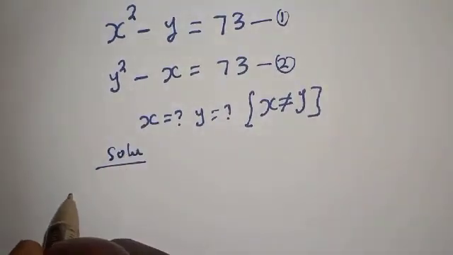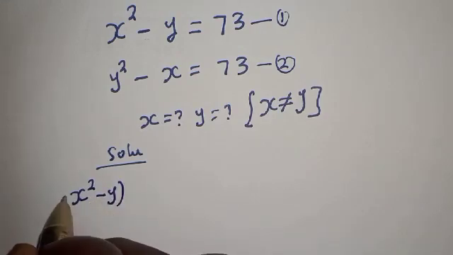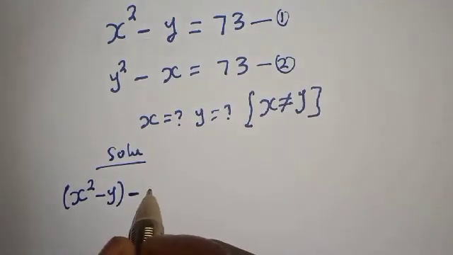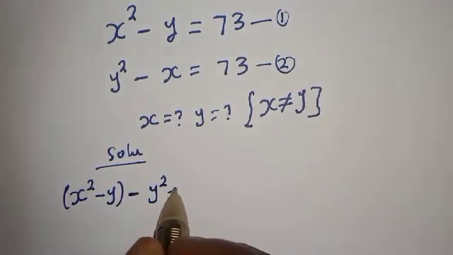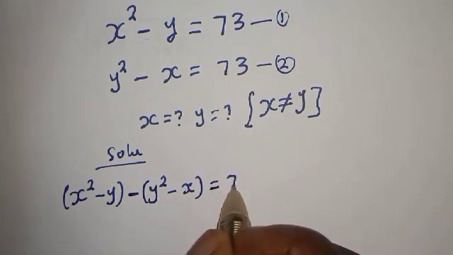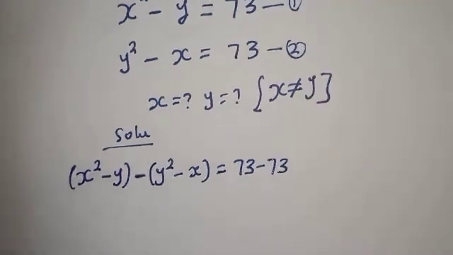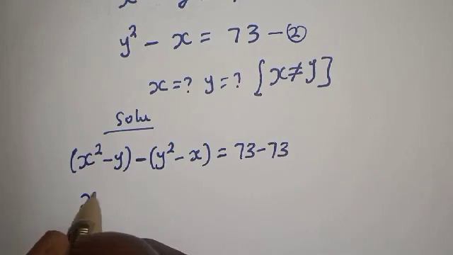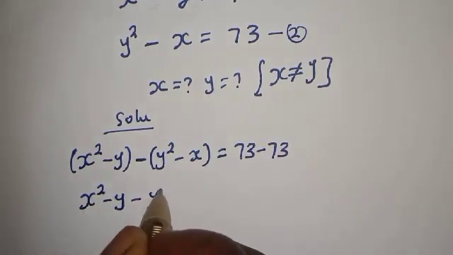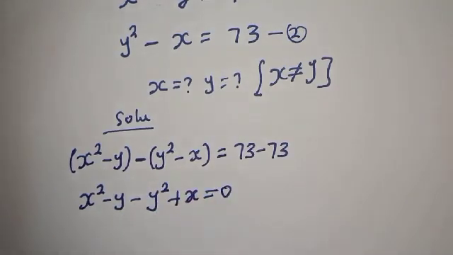That is x squared minus y minus (y squared minus x) is equal to 73 minus 73. x squared minus y squared plus x minus y is equal to 0.